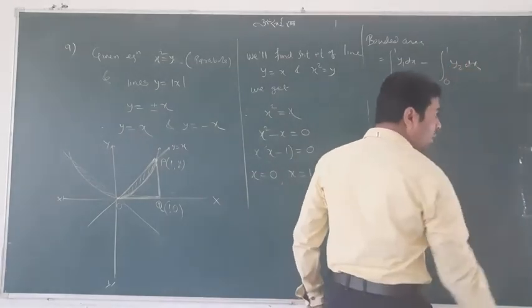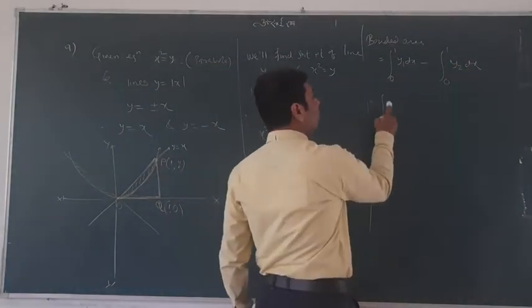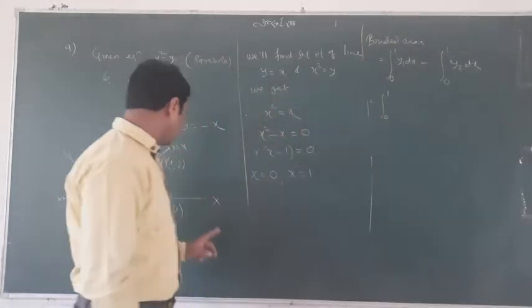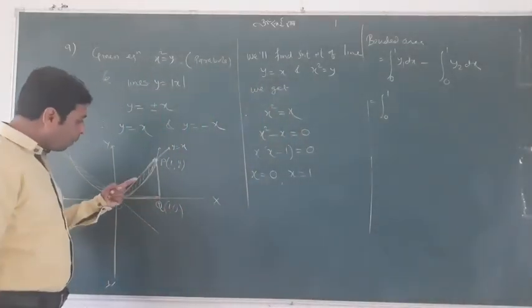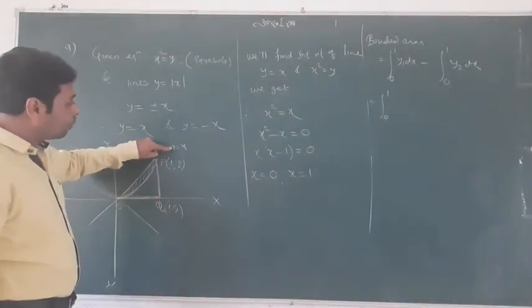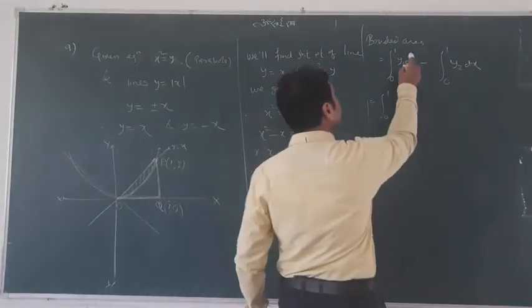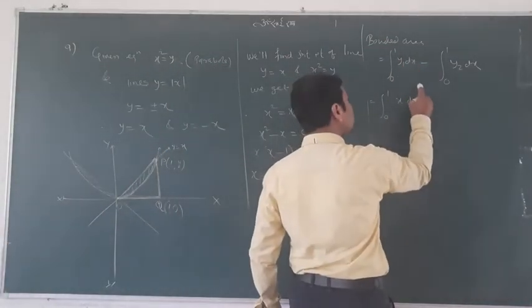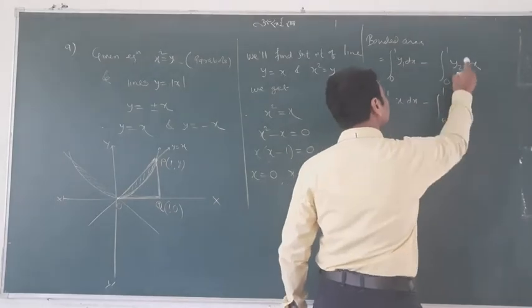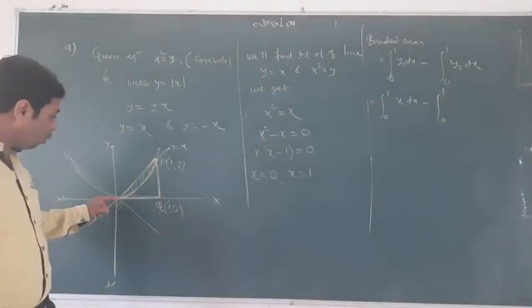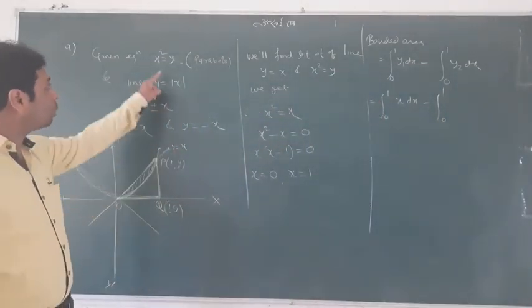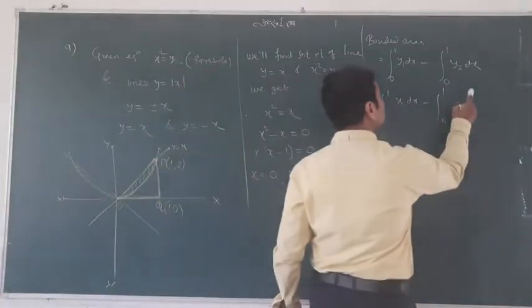Try to understand that I decide y1 and y2 by looking at the graph. y1 is the upper graph and the upper graph is the line y equal to x. So I put here the value of y as x dx, and for y2, the lower graph is y equal to x square, so I will put here x square.